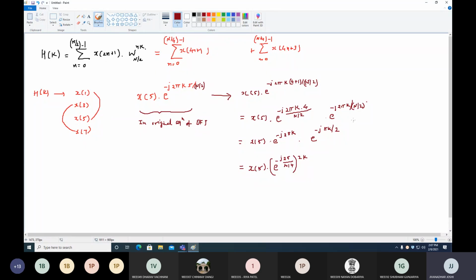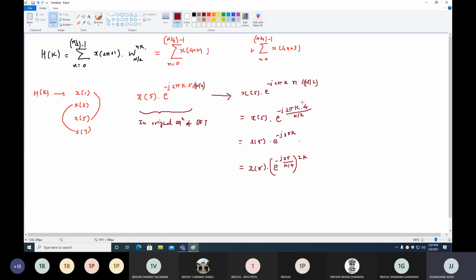Let me put n equal to small n here, so no need to take this one. And we have n somewhere.